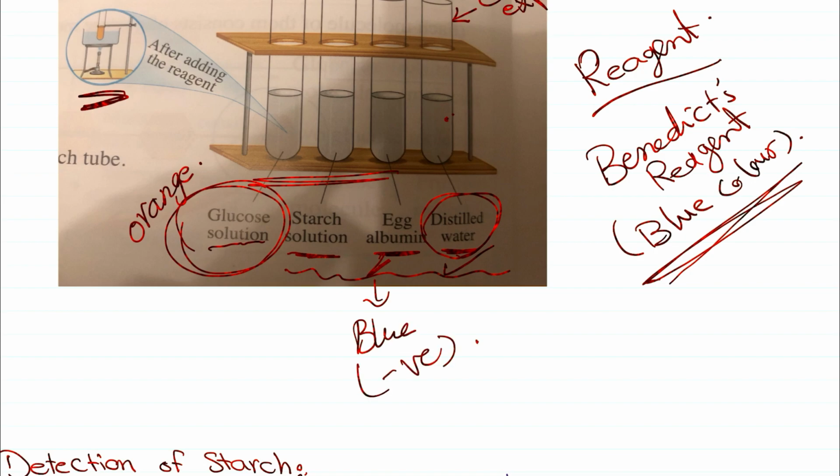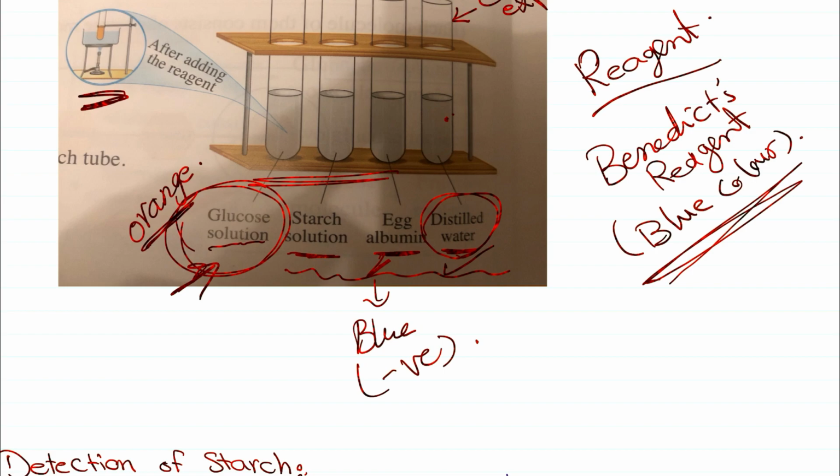So the sugar is not found in starch. There is no sugar in egg albumin. There is no sugar in distilled water. But here, yes, it's positive because the color changed. By the way, it's orange in color, but it changed other than blue because sometimes we have red, sometimes we have yellow. It's according to the concentration of glucose, the concentration of the sugar itself.